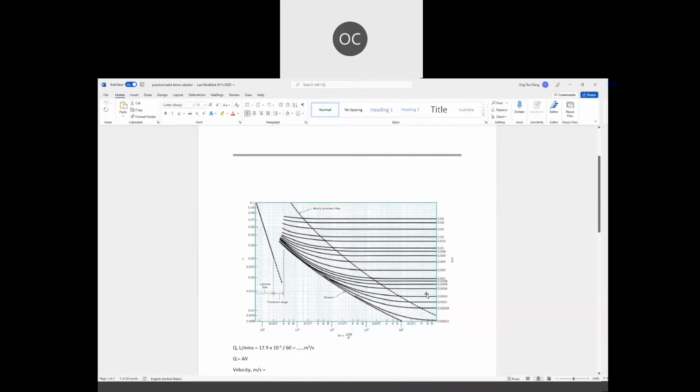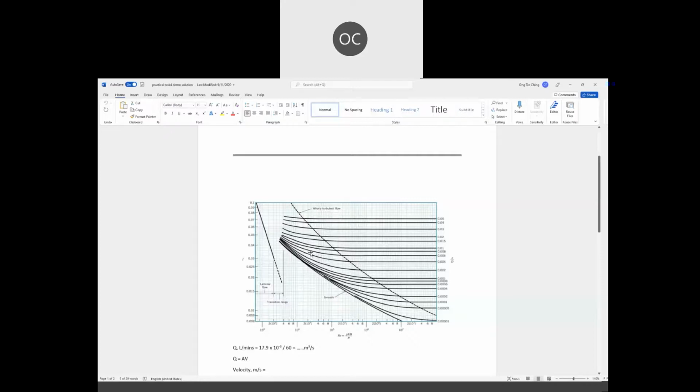From the graph here, you are going to look at your Reynolds number. For example, your Reynolds number is 2 times 10 to the power of 4. You drag one line up from here, and then if your E over D value, for example, is 0.008, you draw another line here.